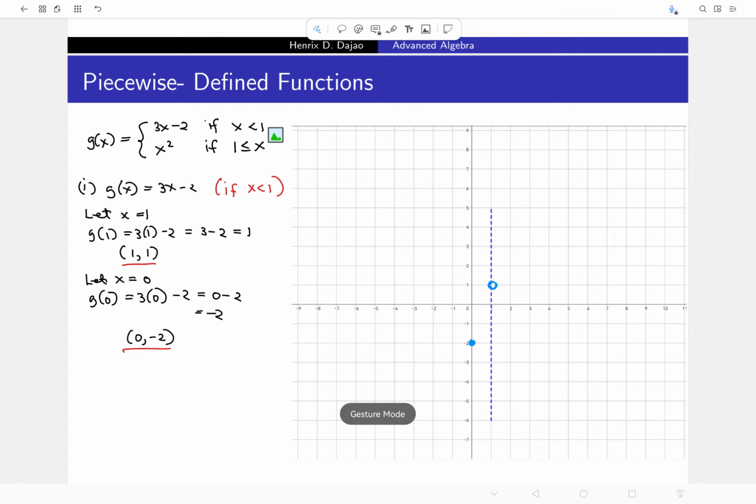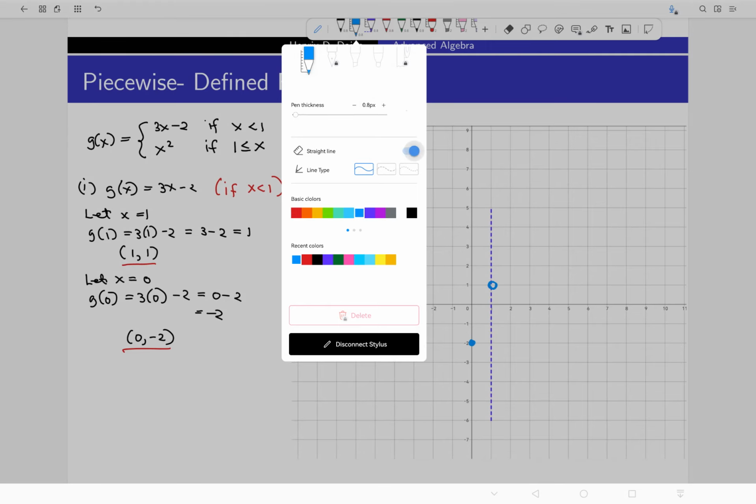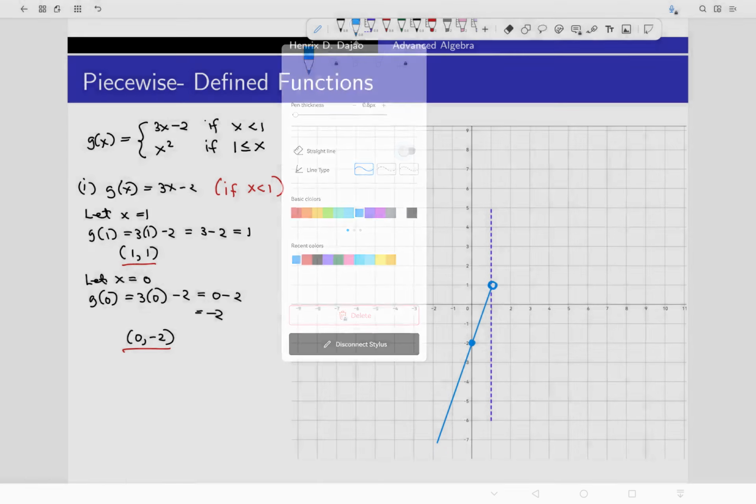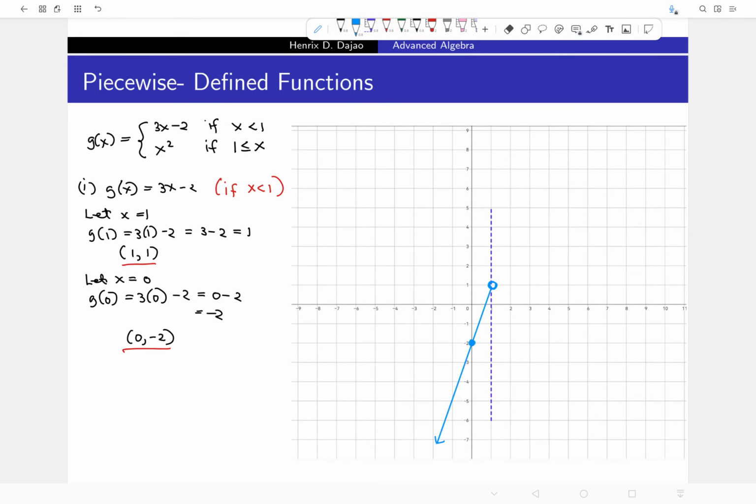So now let's connect the points using a line because this is a linear function. So we already have a graph of g defined by this.